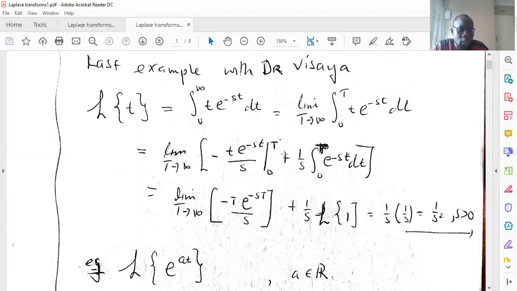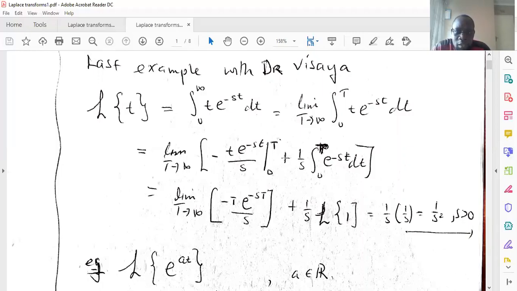And you then have to evaluate limits here and see to it that this one, by L'Hopital's rule, another method that you can use, will definitely give you a 0, and then this will be 1 over s.